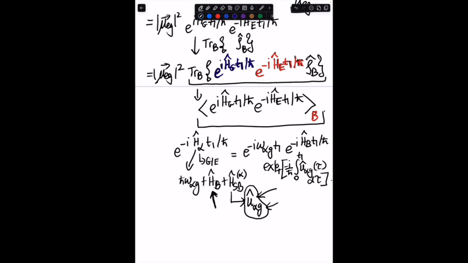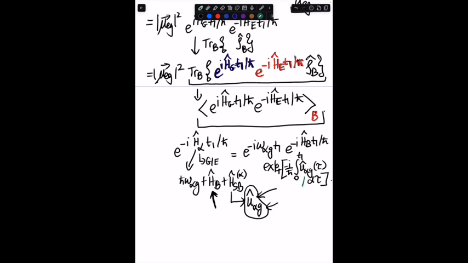And that's why the interaction picture is very important here, because this system-bath coupling depends on the bath coordinates, and these bath coordinates change in time and cause the system-bath coupling to have some time dependence. As a consequence, it has to be treated in the interaction picture itself.